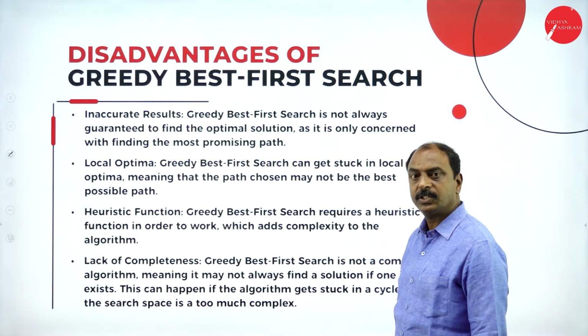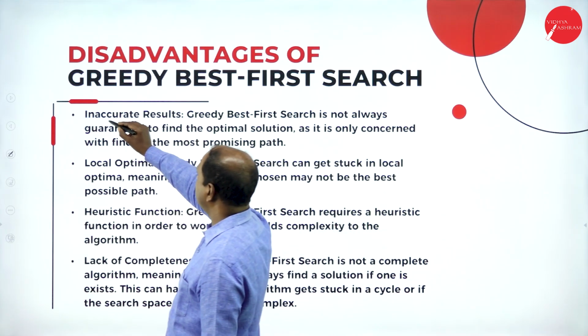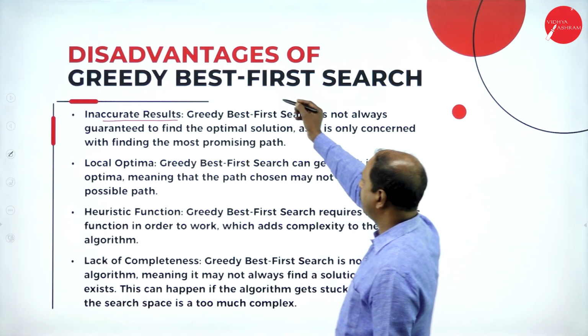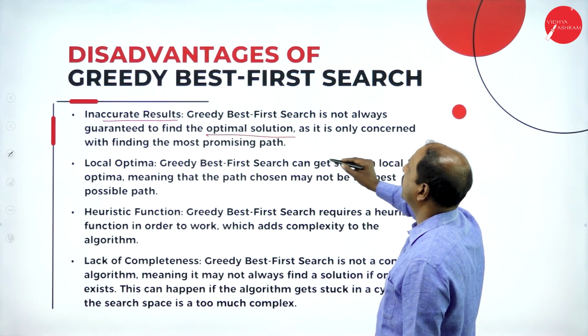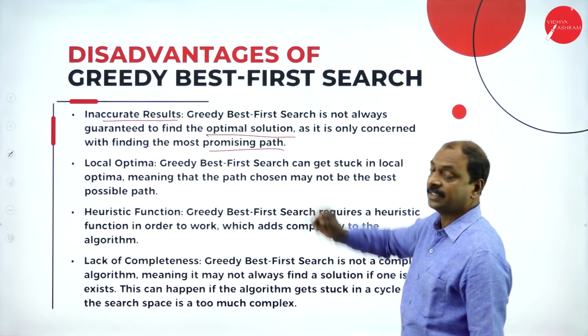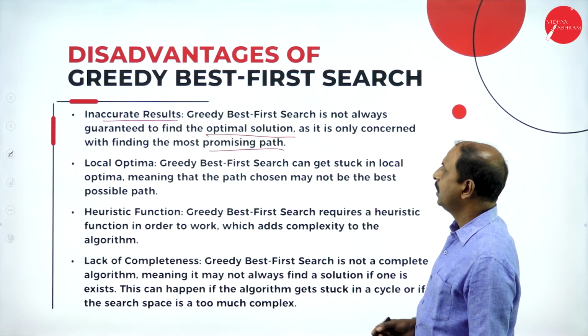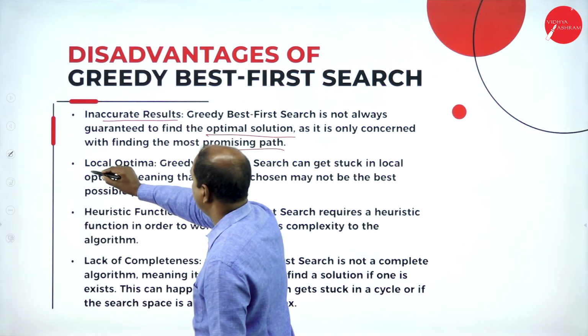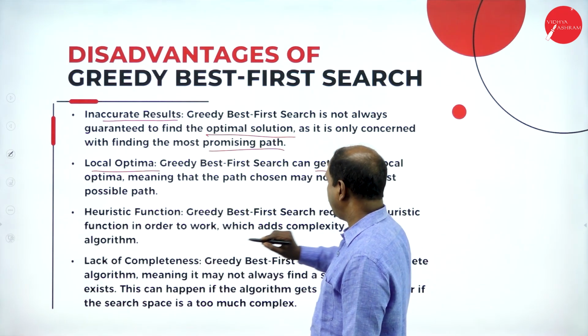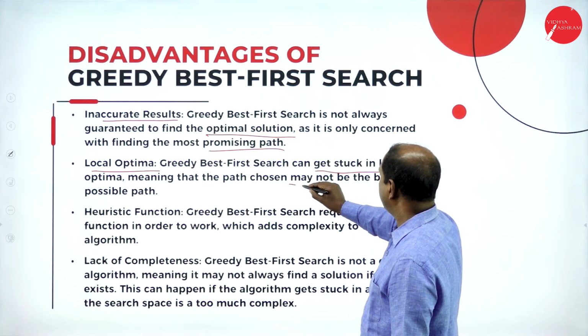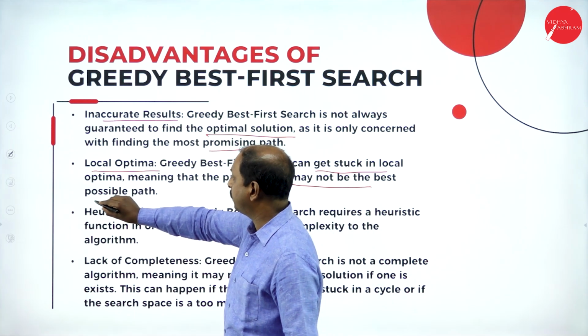Now let's see the drawbacks of this. Here one is inaccurate results. Actually it is meant to give an optimal or best solution, but it cannot guarantee accurate results. It can get stuck in a local optimum, meaning the path chosen may not be the best possible path.